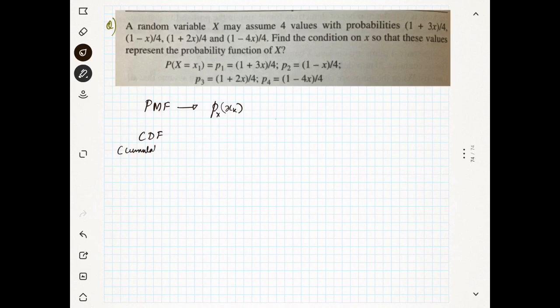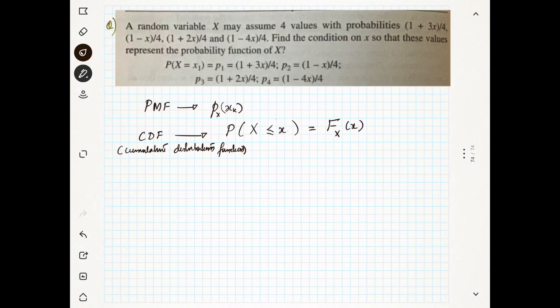The cumulative distribution function is nothing but the probability that the random variable X takes a value less than or equal to x_k, or less than or equal to x in general. We will call it with a simple notation F_X(x). So this is the cumulative distribution function.